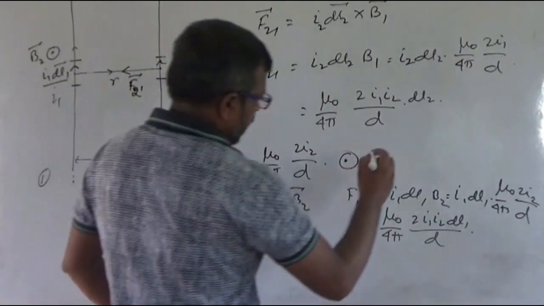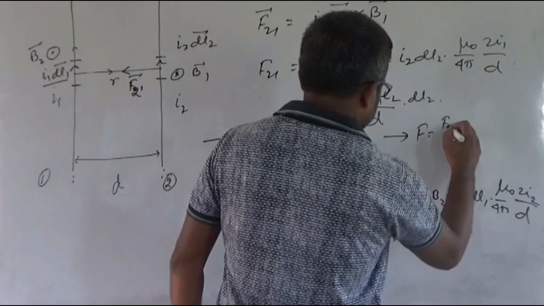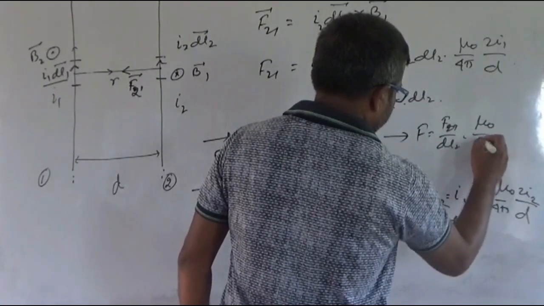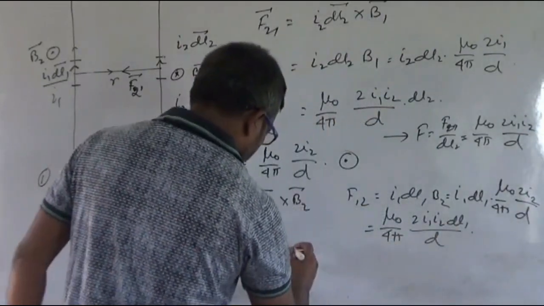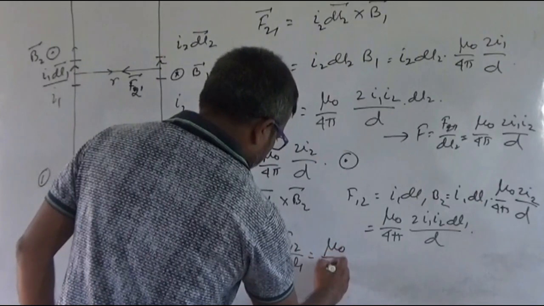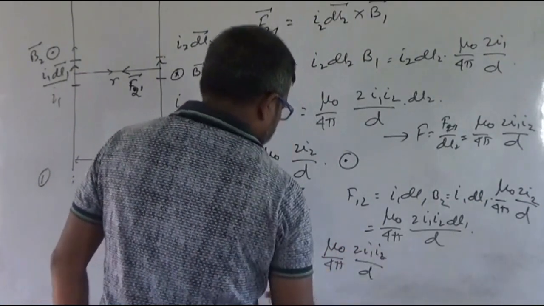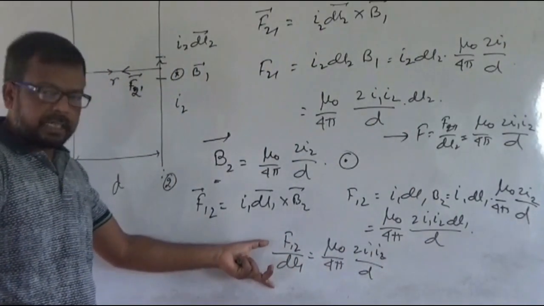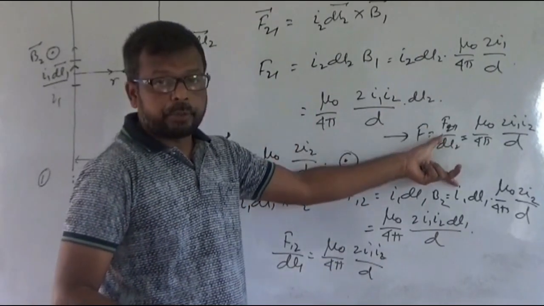And see here, F21 by dl2 is equal to mu naught by 4 pi into 2 I1 I2 by d, and here also F12 by dl1 is equal to mu naught by 4 pi into 2 I1 I2 by d. Now F12 by dl1 means the force experienced by conductor 1 per unit length, force per unit length.